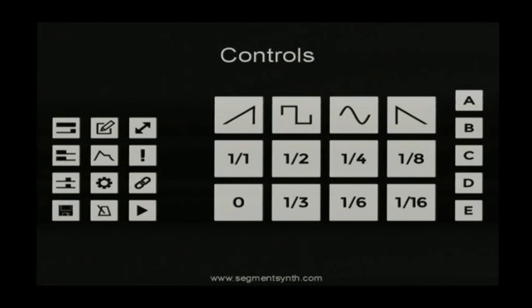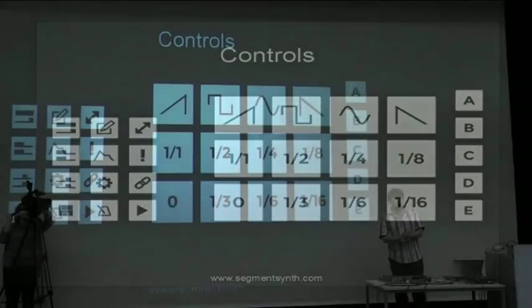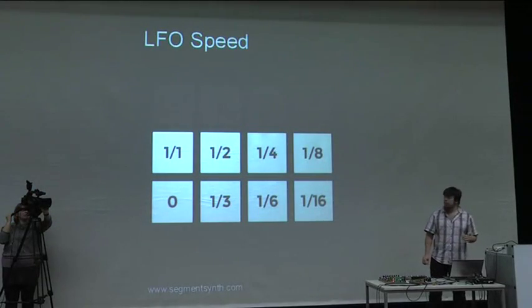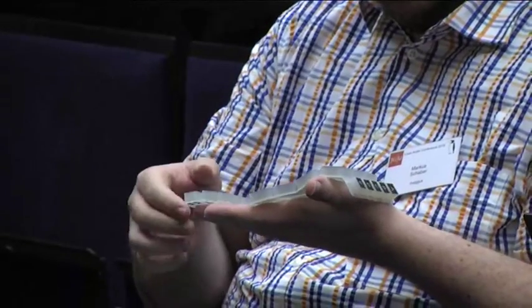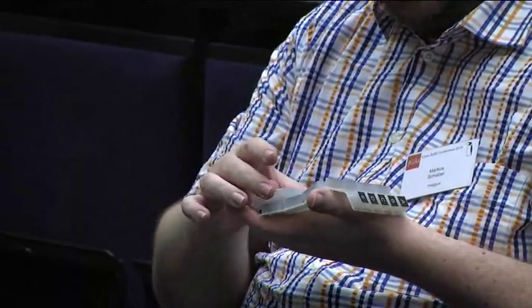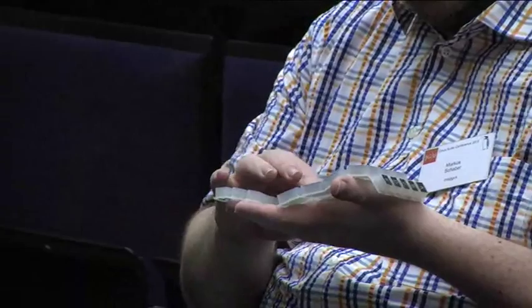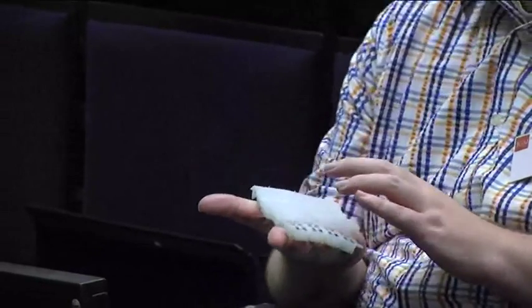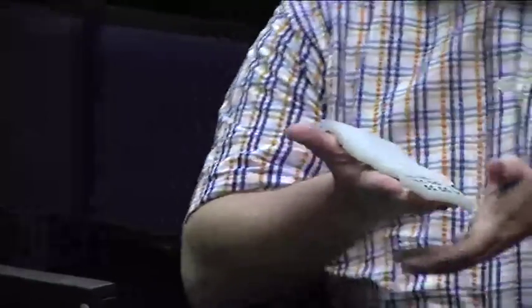The second killer feature, well, what we believe is the killer feature, is the LFO that is always synced to the master BPM. These buttons control it, and you select which division of the BPM you're using. The 0 is obviously off, and then full note, half note, quarter note, eighth note, triplet, and so forth.